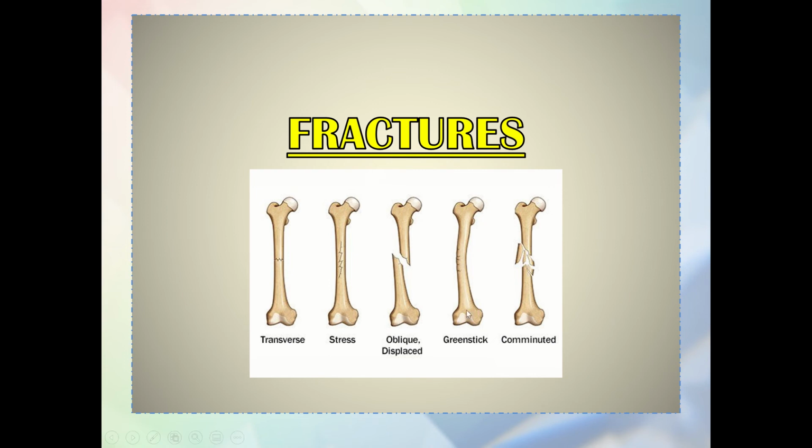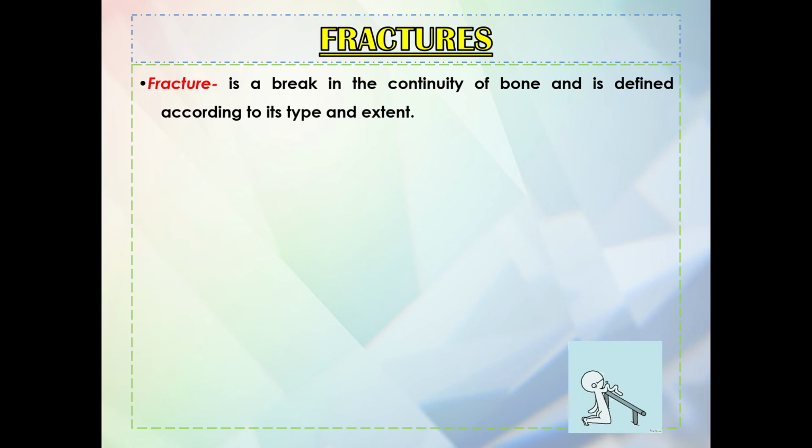Okay, so these are the examples of fractures or types of bone fractures. You have transverse, stress, oblique, greenstick, and comminuted. So, madidiscuss natin siya later on. So, when we define fracture, it is a break in the continuity of bone and is defined according to its type and extent.